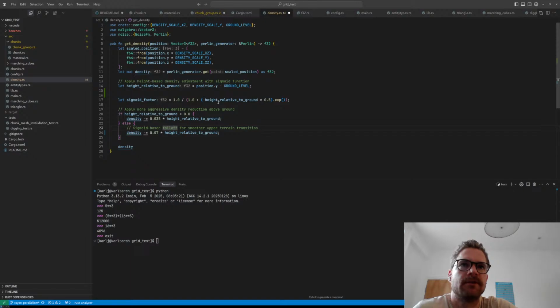If you are above ground, this will be negative. So if you are like 1 above ground, this will be a half.